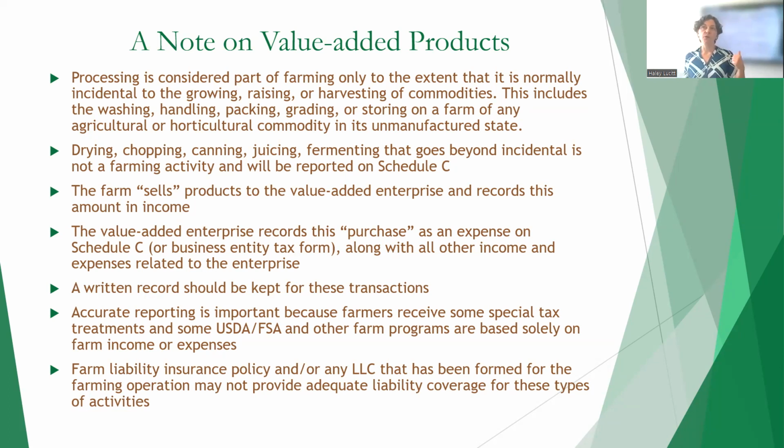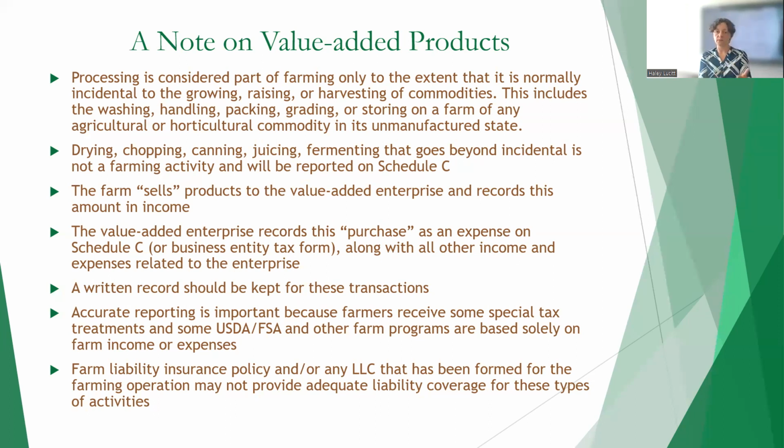So if the majority of your farm income comes from value-added products, like you sell a few hundred dollars' worth of tomatoes, but the majority of your income is coming from the salsa side, and you report all of that as farm income, that is going to greatly inflate what appears to be your farm income, and you could erroneously get additional USDA program funding that you shouldn't, because that should be reserved for farmers.